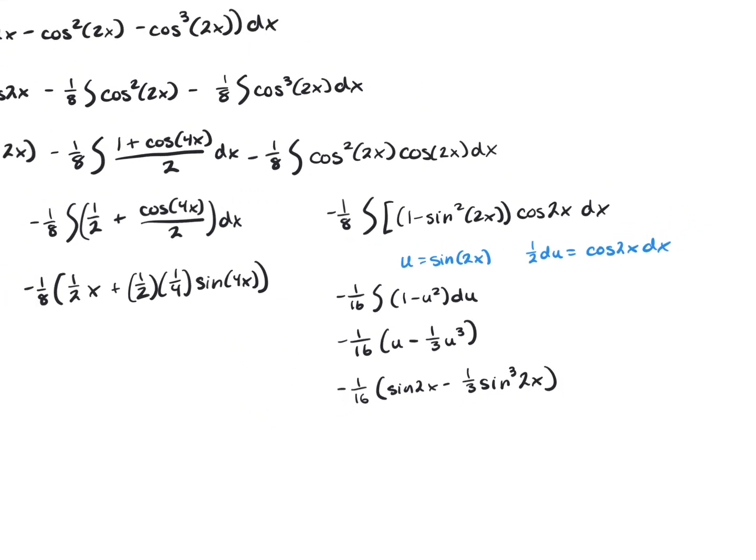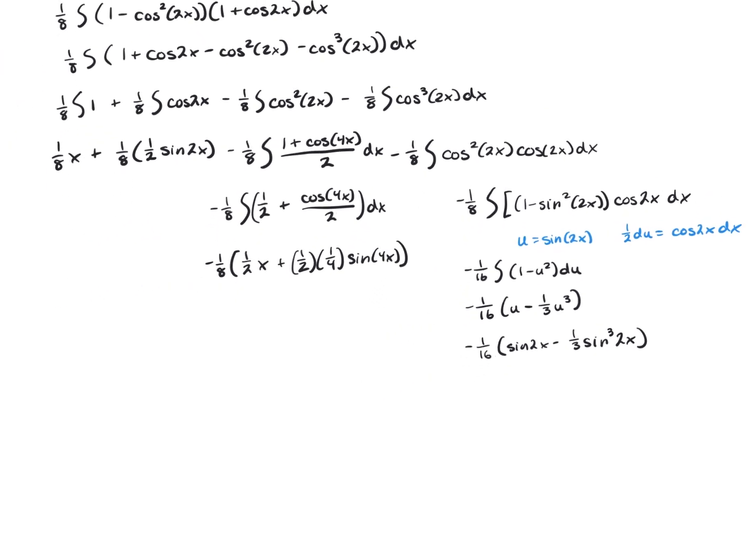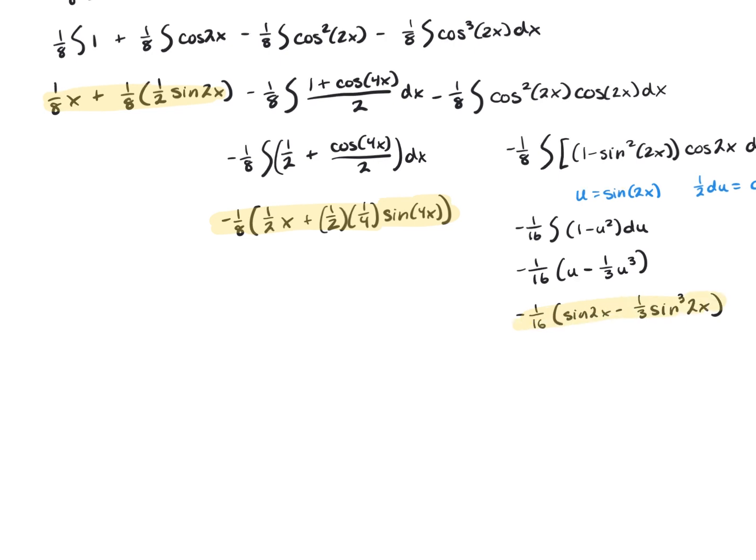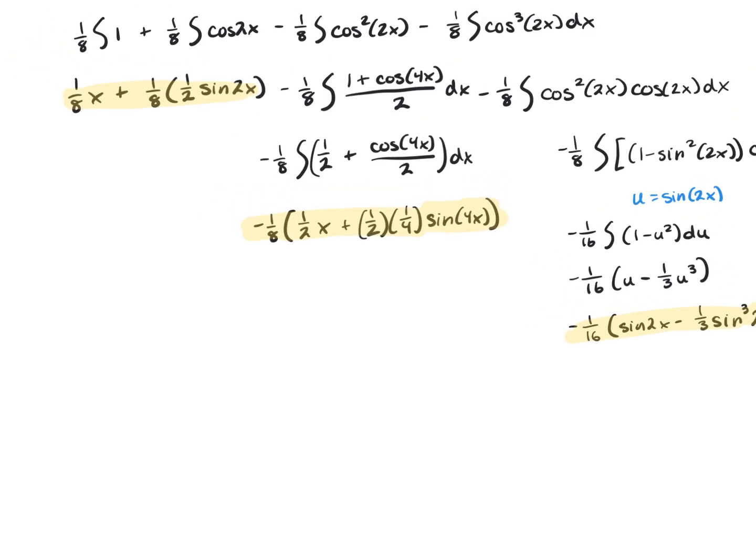All right, so now we kind of need to zoom back out and look at what we have. So here's the parts that were already complete. So we have this portion here, this portion here, and this portion here. So now it's just kind of a matter of piecing it all together and combining like terms when we can.